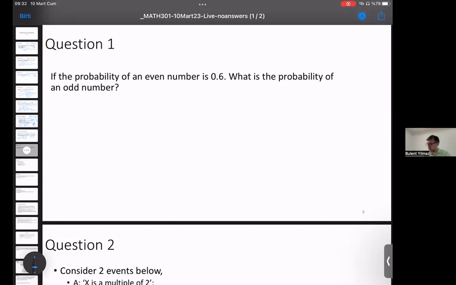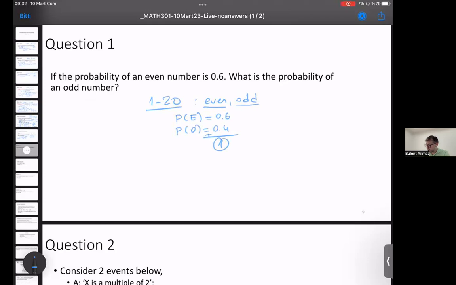A number between 1 and 20 is either even or odd, there is no other chance. They are all integers. So if the probability of obtaining an even number is 0.6, then the probability of obtaining an odd number will be 0.4.